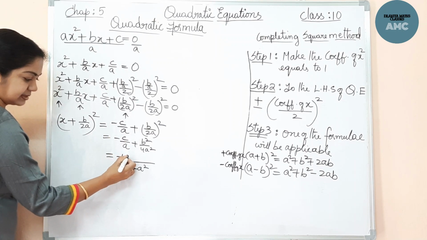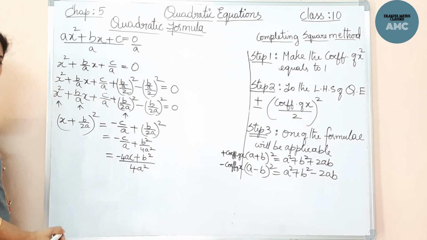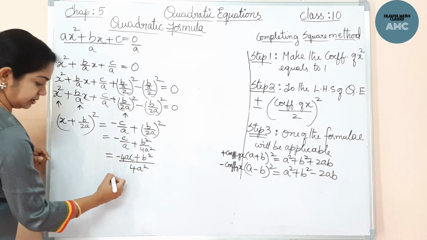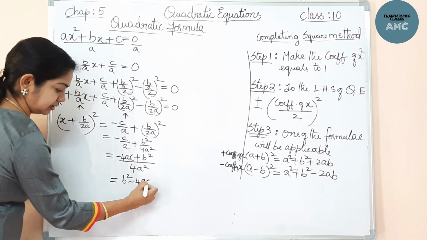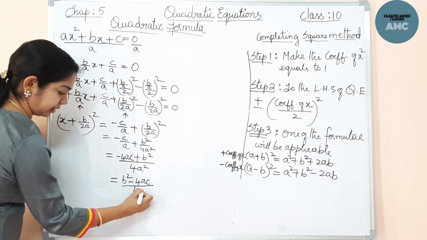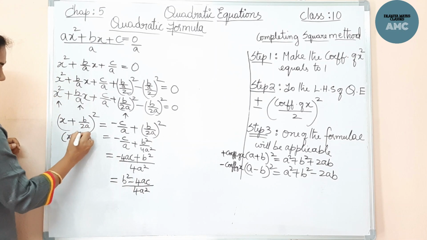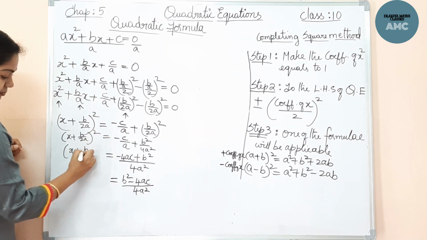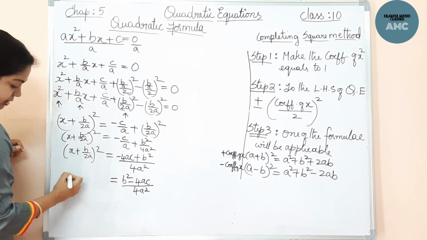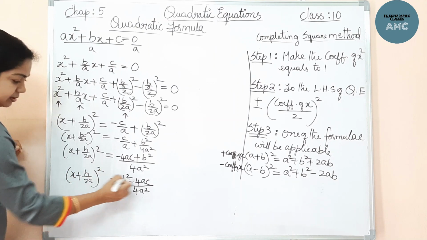So 4ac plus 1, so b square. If you write it in order, it comes to b square minus 4ac by 4a square. This part is the same, x plus b by 2a whole square.